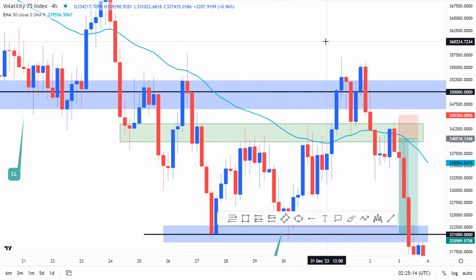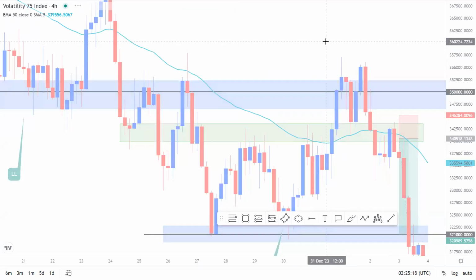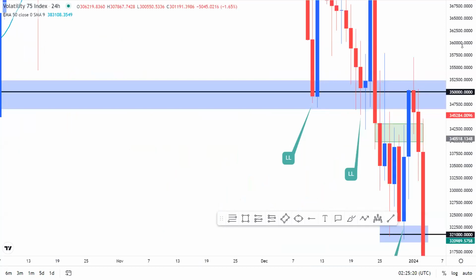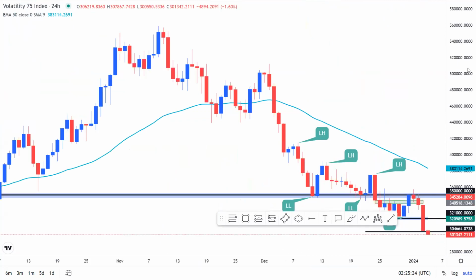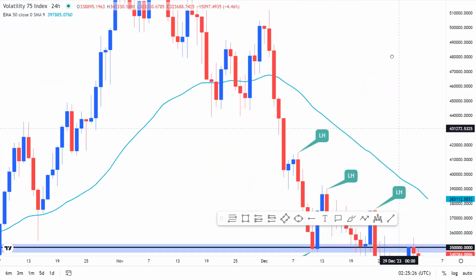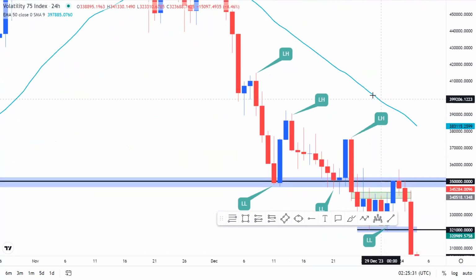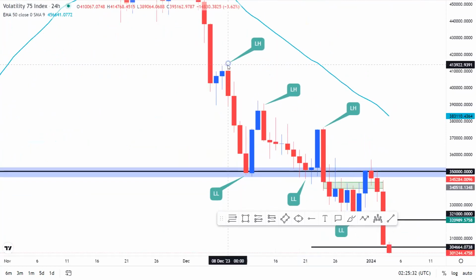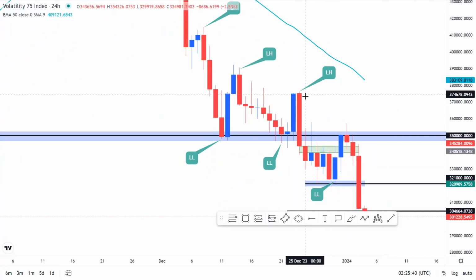And then moving to the daily time frame, you can see from the daily time frame charts right in front of us, we're seeing the market presenting us lower highs, lower low, lower highs, lower low. This lower high right about here led to the most recent lower low.